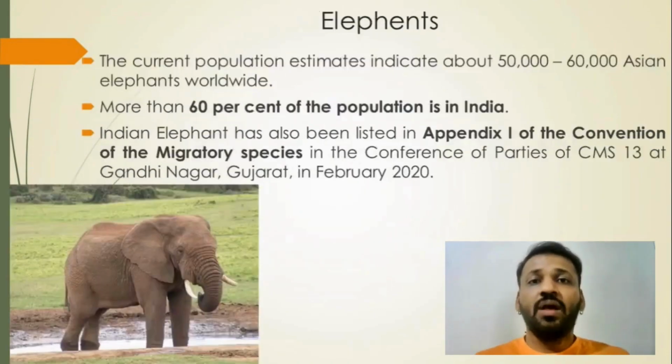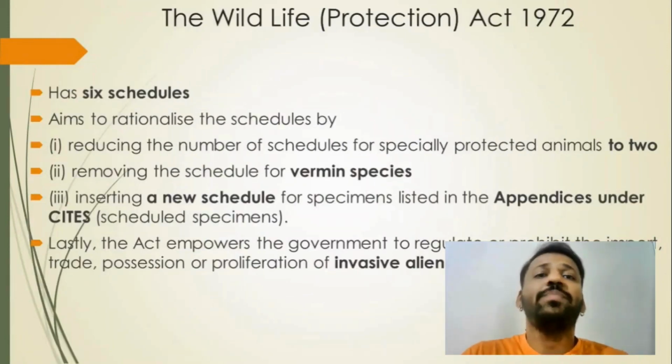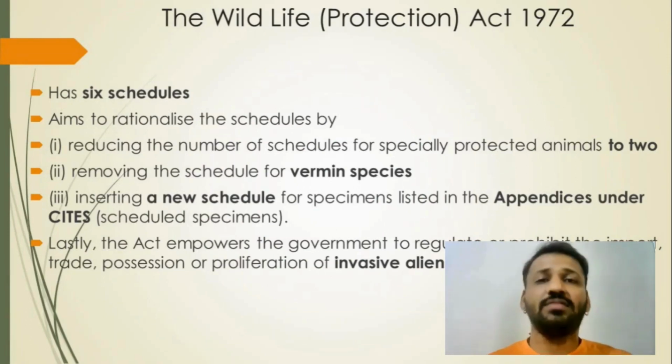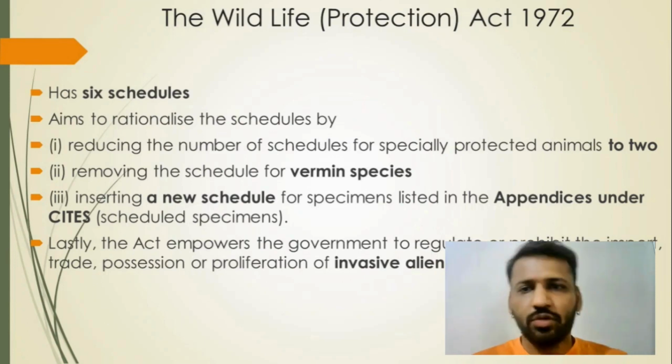Now, the economic survey also talks about the Wildlife Protection Act 1972. The amendment was passed in Rajya Sabha just a year and a half back. The act has six schedules, and the amendment tries to create only four schedules.